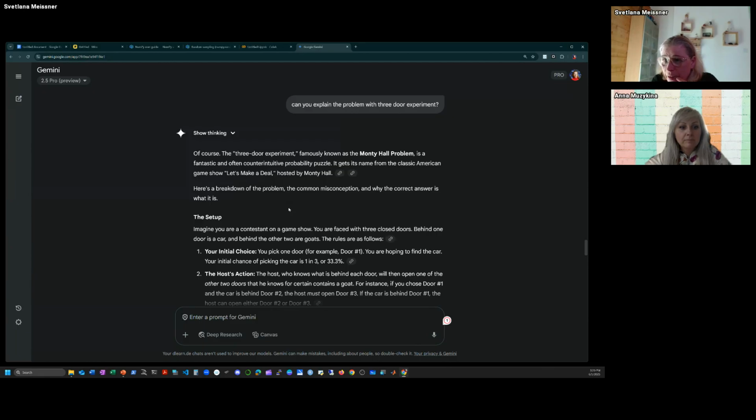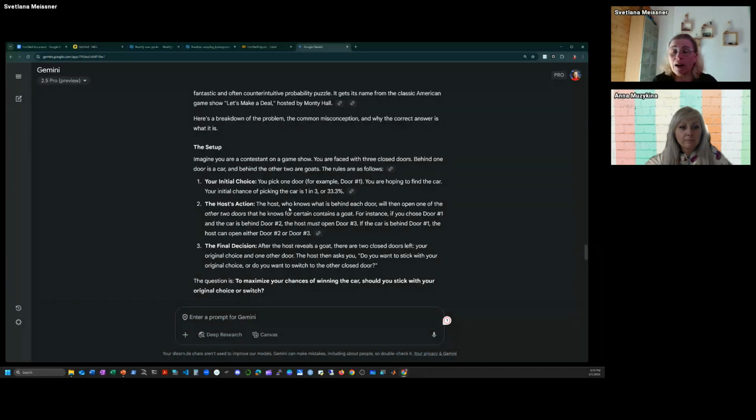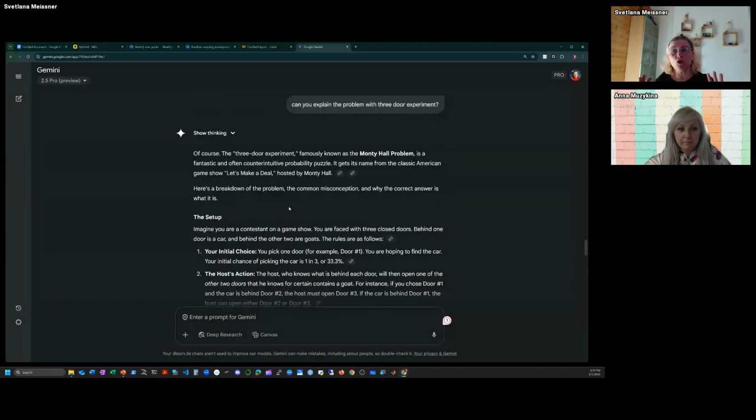Again, the host asks you to choose one of these 3 doors. You pick a door, and the host doesn't tell you whether you have won or not. Instead, the host opens one of the other doors that definitely doesn't have the car, a door with a goat, and asks you whether you stay with your choice or would like to change.